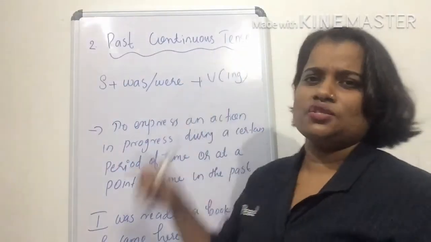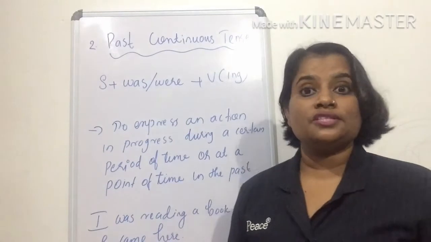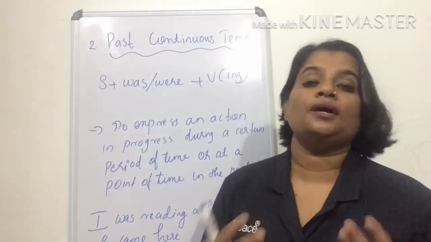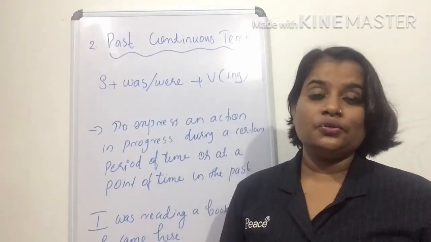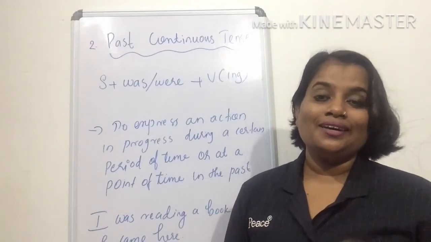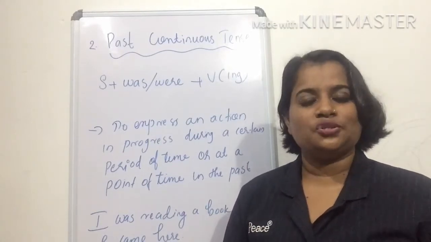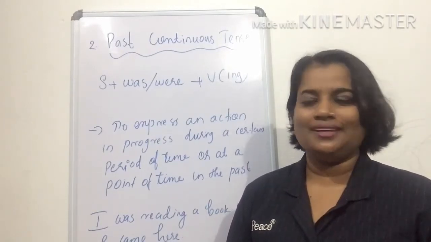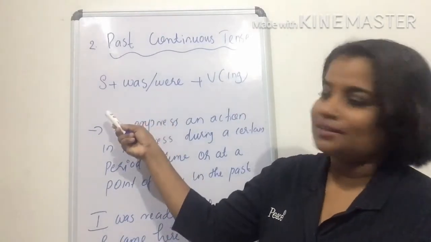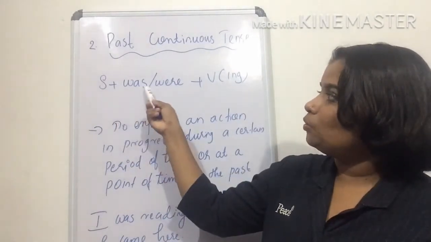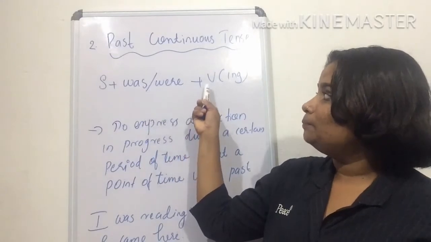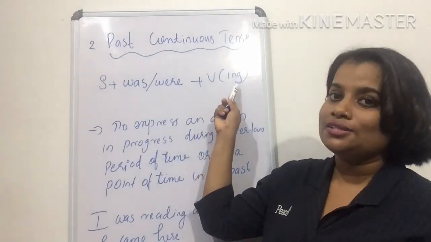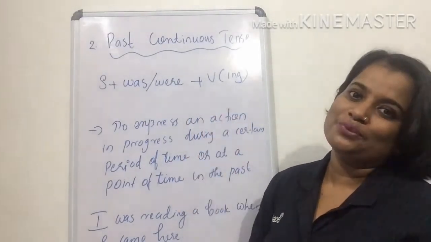Past continuous tense. We know that in all the progressive tenses, past progressive or past continuous, all the continuous tenses, we are using the ing form of the verb. You need to keep that in your mind. Okay, the next one is the structure. Subject plus was or were plus verb ing, or the ing form of the verb.